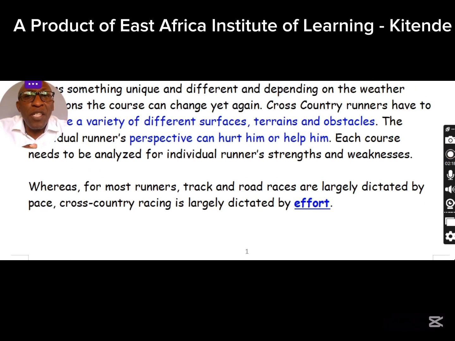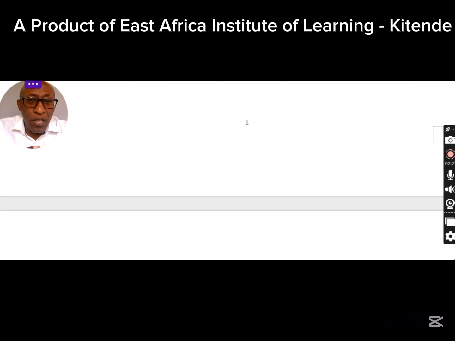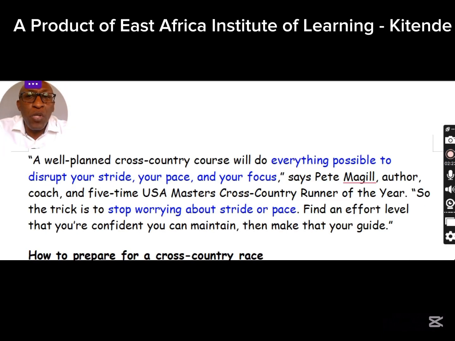So cross-country is about the effort one puts in. One writer who is very keen on cross-country running said, a well-planned cross-country course will do everything possible to disrupt your stride, your pace, your focus. Therefore, the secret: stop worrying about the stride. Stop worrying about the pace.